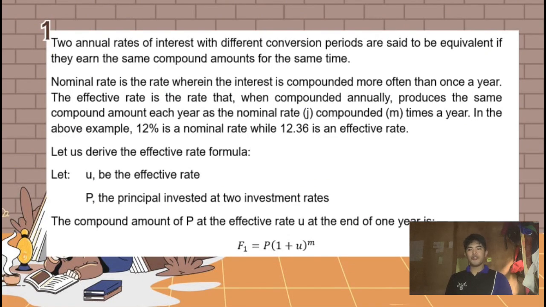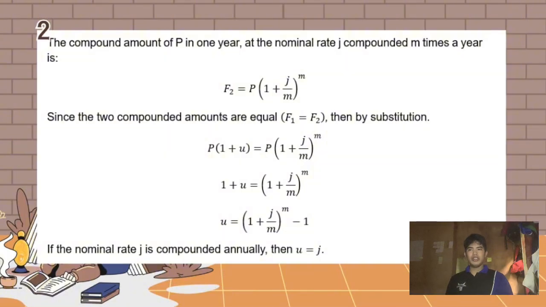The compound amount of P at the effective rate U at the end of 1 year is F sub 1 equals P times (1 plus U) raised to M. The compound amount of P in 1 year at the nominal rate J compounded M times a year is F sub 2 equals P times (1 plus J over M) raised to M. Since the two compound amounts are equal, F sub 1 equals F sub 2, then by substitution, we get U equals (1 plus J over M) raised to M, minus 1.